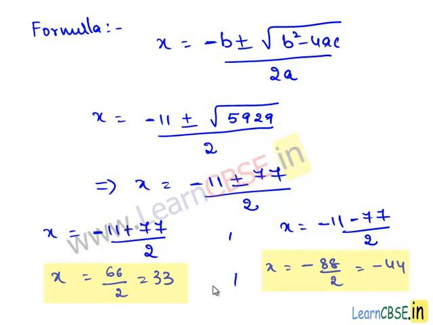So now here we need to choose a value of x which is best suited to the question. In case of x is equal to minus 44, the average speed of a train can never be negative.